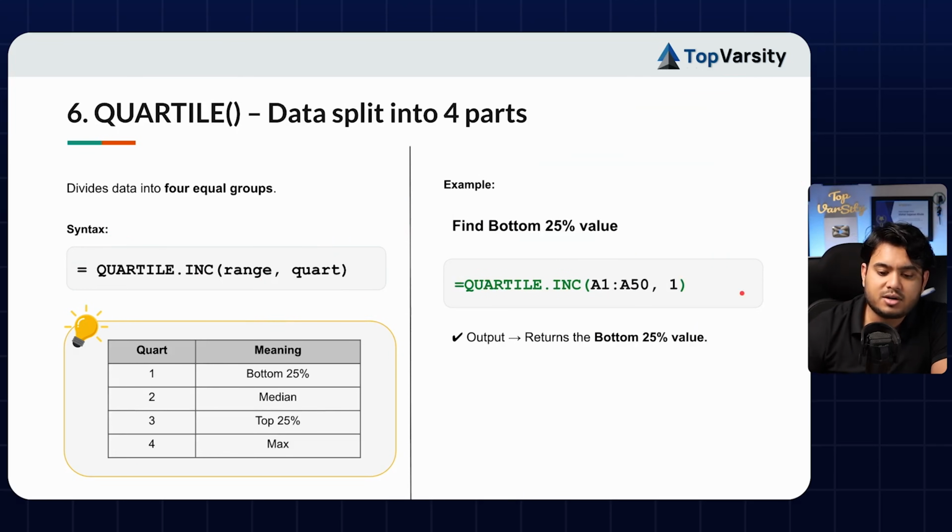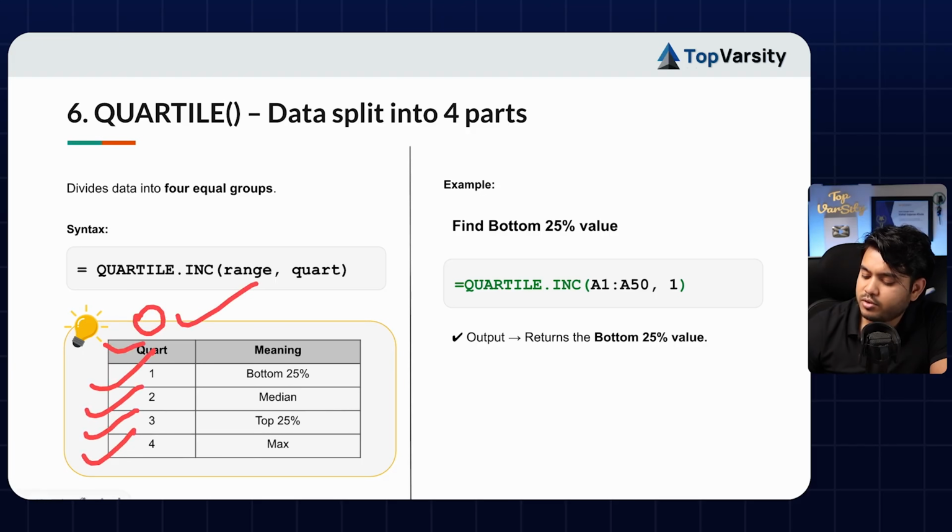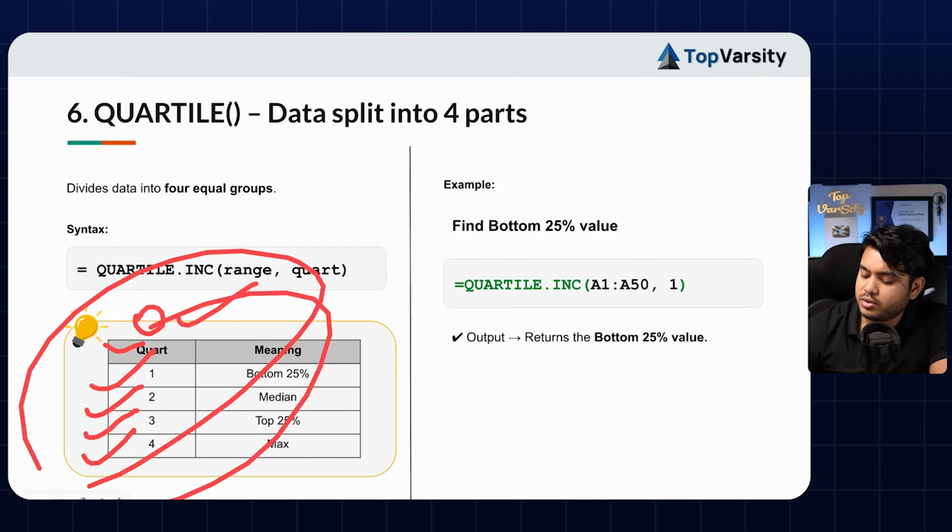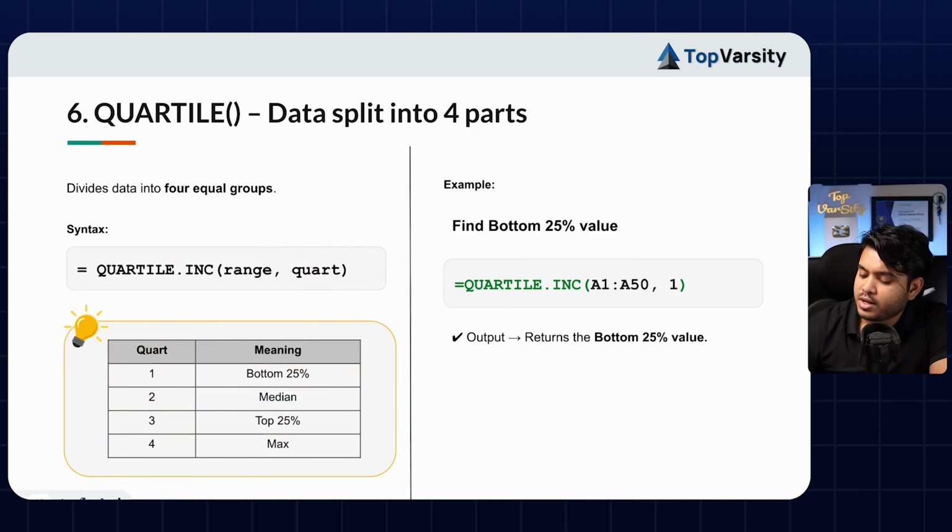But here there are no such options. There are simple options: 0 will be there, 1 will be there, 2 will be there, 3 will be there, 4 will be there. Only these values you can use for this function. So you have divided data into 4 equal groups.